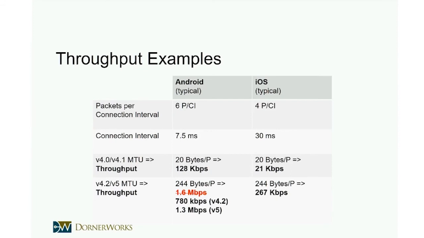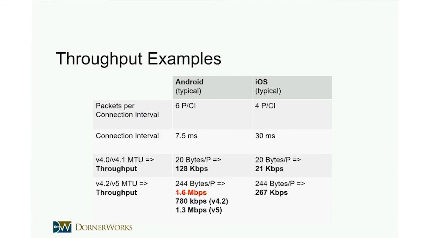If you look at some of the phone options, you'll see a wide variety of how many packets per connection they can send. 7.5 milliseconds is the Bluetooth spec fastest connection interval. Android says that they support 7.5 milliseconds. So that's why I kind of put it here as the quote-unquote typical.